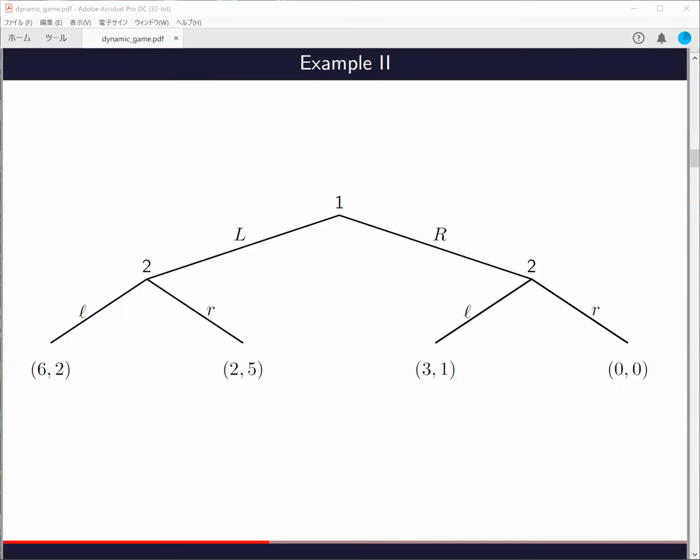To see the difference between action and strategy, let's take a look at an example. There are two players, 1 and 2. The set of actions in this game consists of capital L and capital R for player 1. The set of actions for player 2 consists of lowercase l and lowercase r.